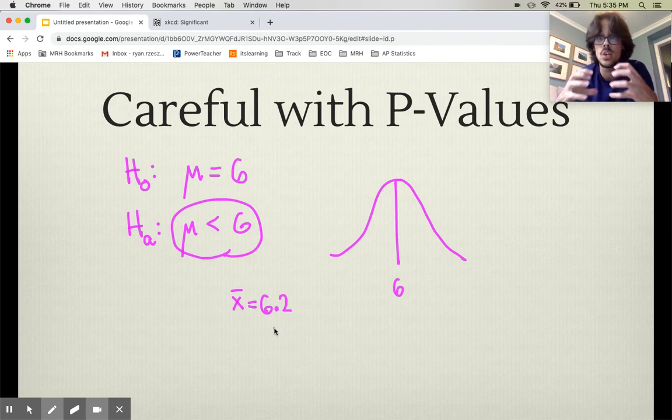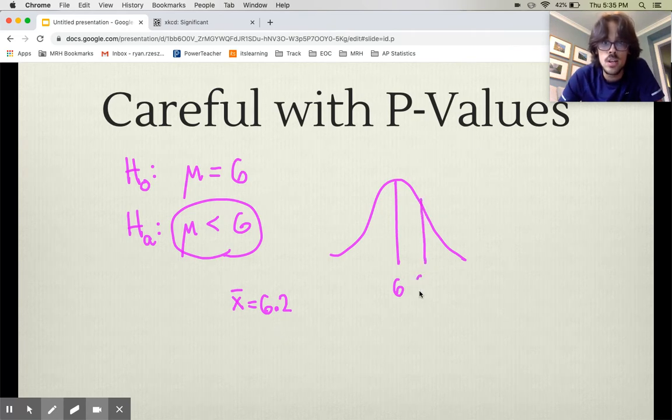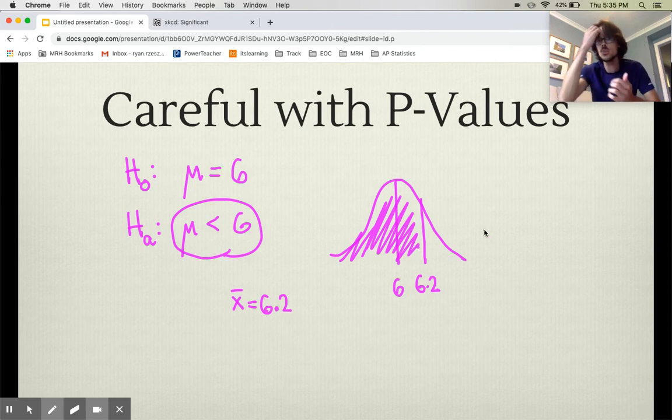The average of my sample was 6.2. Well, think about what that would mean about finding your area. 6.2 is somewhere over here on this side of the picture, but I'm doing a less than problem. So anytime you do a one-sided test, if your area is over 0.5, you should honestly feel a little bit silly.